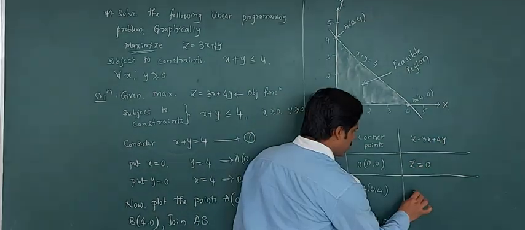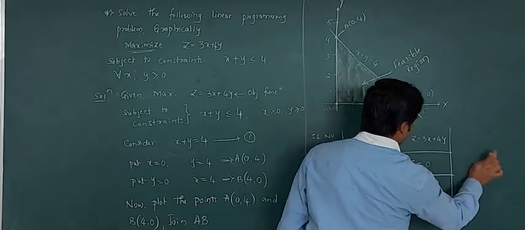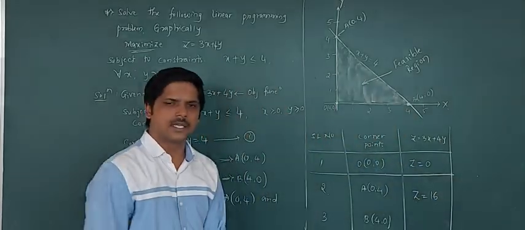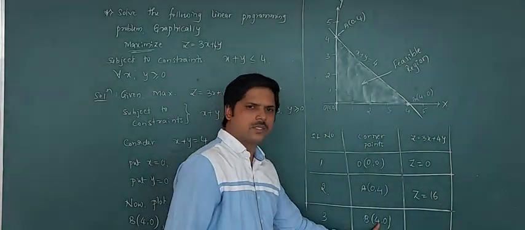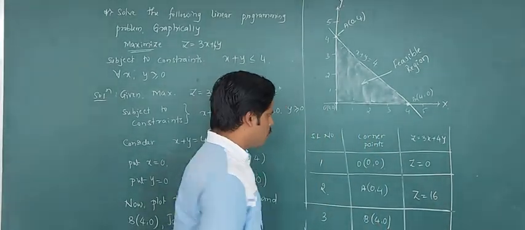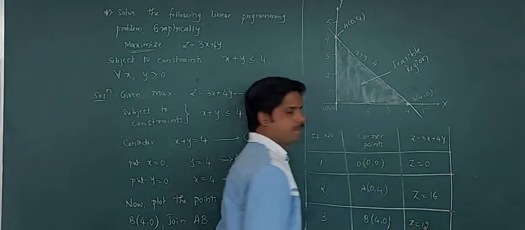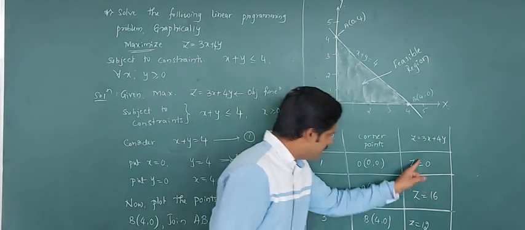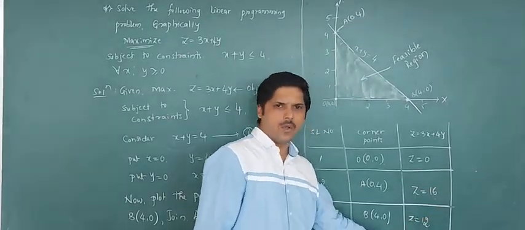That is z equal to 16. What about the third one? Put x equal to 4, y equal to 0. We get z equal to 12.